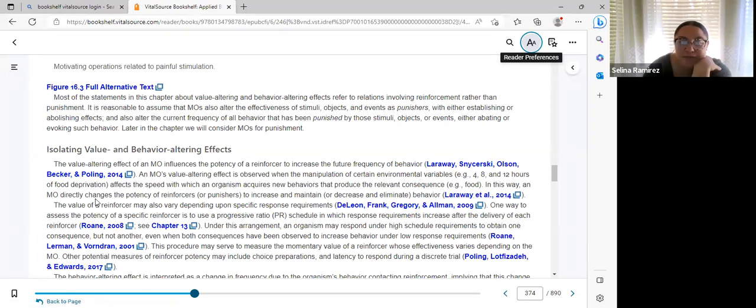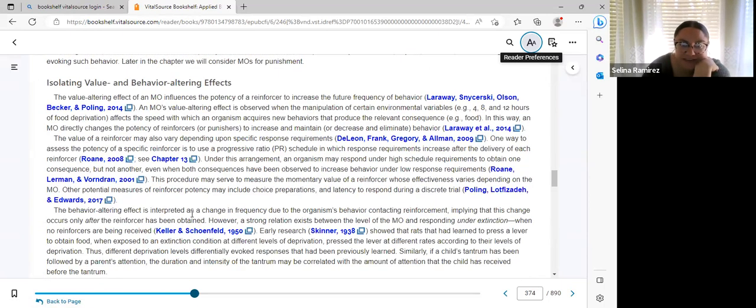In this way, an MO directly changes the potency of reinforcers or punishers to increase and maintain or decrease and eliminate behavior. The value of a reinforcer may also vary depending on specific response requirements. One way to access the potency of a specific reinforcer is to use a progressive ratio schedule in which response requirements increase after delivery of each reinforcer.